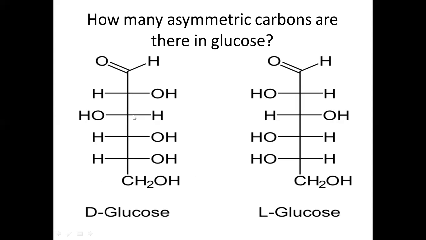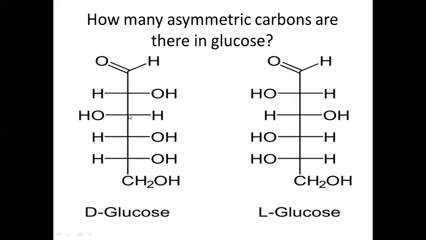So it's connected to this carbon here, which is connected to this whole structure. So carbon 2 is also an asymmetric or chiral carbon. Carbon 3 as well is also asymmetric because it is connected to hydroxyl, the hydrogen atom, this entire group, and also this entire group.